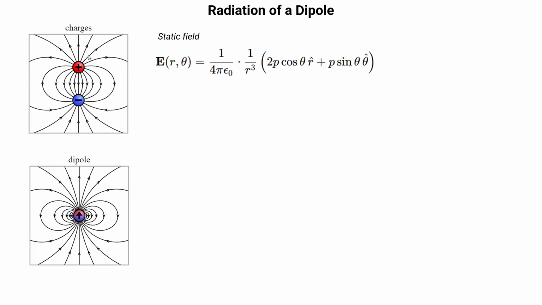From these field lines, we immediately see that in close proximity to this dipole, the system gets more electric field lines, compared to the single charge. This basically means that if I come closer and closer to the system, the electric field grows faster than the electric field of a single charge.